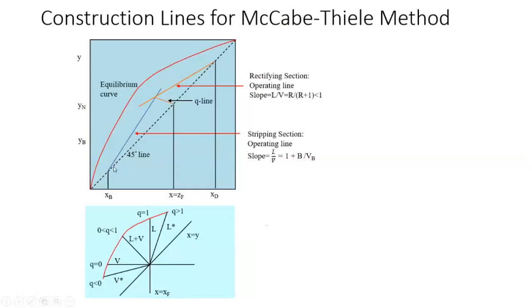So for drawing the stripping operating line, we need not determine either the slope or the intercept. We can directly find this point of intersection and the XB point and join these 2 points by a straight line. That will be the operating line of the stripping section.